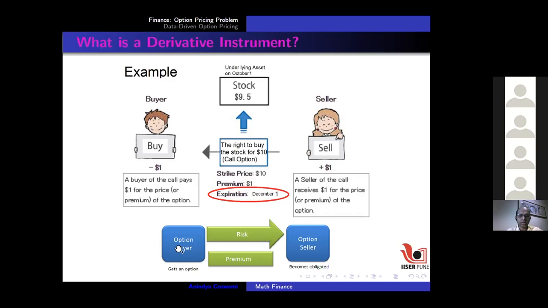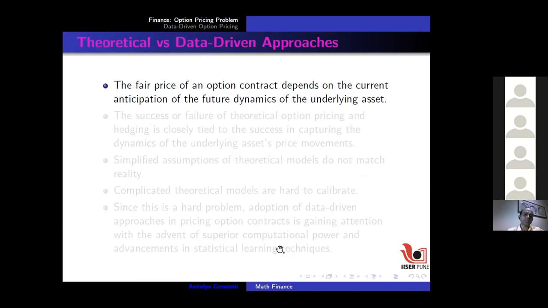This derivative actually gives the opportunity to transfer risk from one investor to another and pay some money for that. We understand that such derivatives, since they are traded, have intrinsic value that depends on the uncertainty of the underlying stock price. So understanding the underlying uncertain stock price is very important.